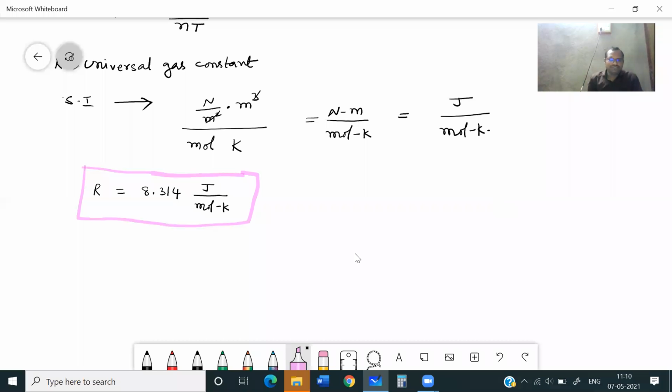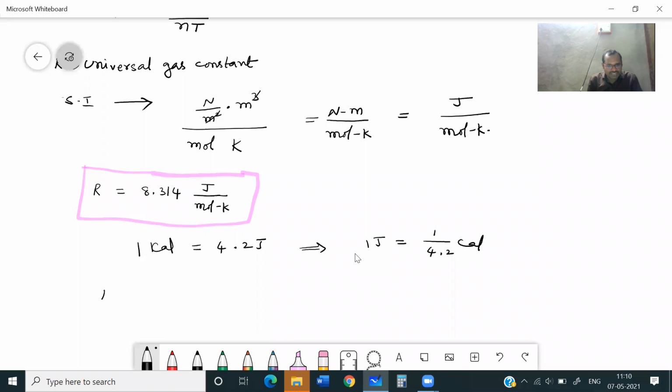Now, this one we can write in calories also, because as we know that 1 calorie is equal to 4.2 joules. That implies 1 joule will be equal to 1 divided by 4.2 calorie.